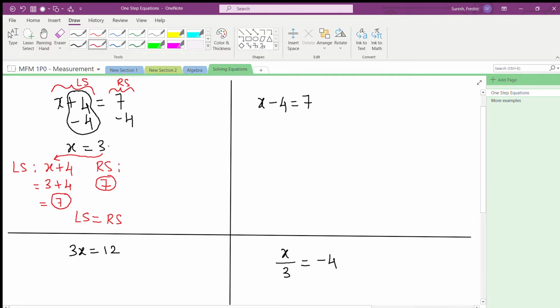And you can do this check for all equations. Doesn't matter how big or complicated it is, you can do that.